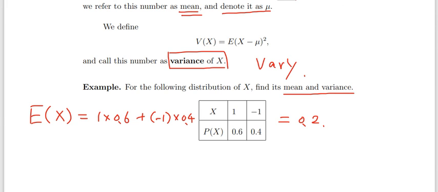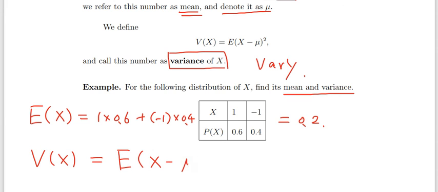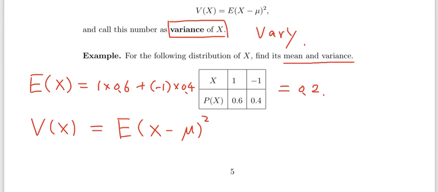Okay. So for variance, let's check V of x. So V of x equals the average of x minus mu, squared. So here in this example, mu is 0.2. So this equals the average of x minus 0.2, squared. Here x can be 1 or negative 1, right?